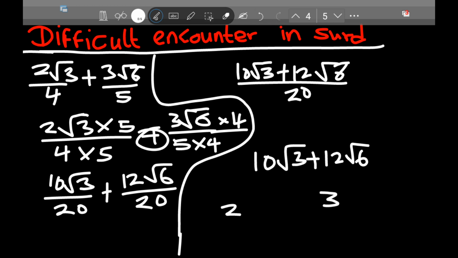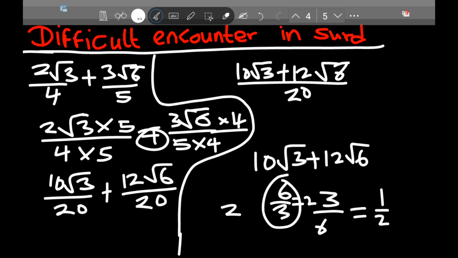Because if you set 3 over 6 as a fraction, you will get 1 over 2. And 1 over 2 tells you that the fraction is not reduced to a whole number. But if you set 6 over 3 as a fraction, you should get 2 as your answer. This tells you that you can reduce something like a 6 over 3 to a whole number.